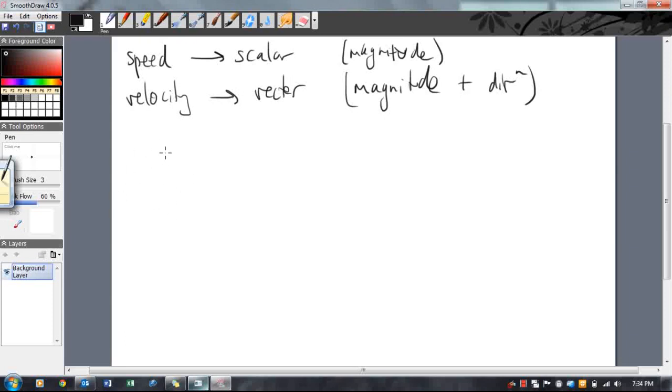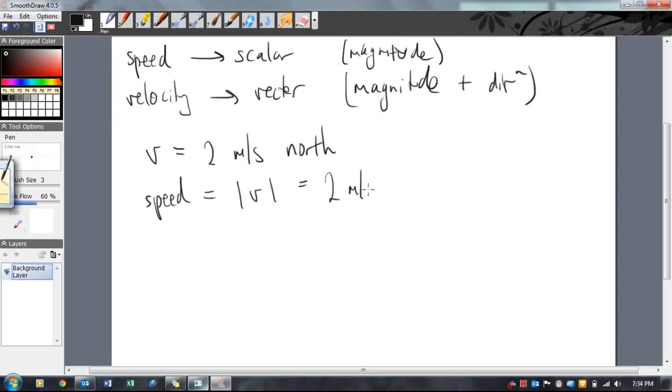So if you have the velocity equal to 2 meters per second north, the north gives you your direction, and 2 meters per second gives you the magnitude of the velocity. The speed is simply the magnitude of the velocity, which is just 2 meters per second, and we don't know what direction it's going in. So that would be the speed for that.